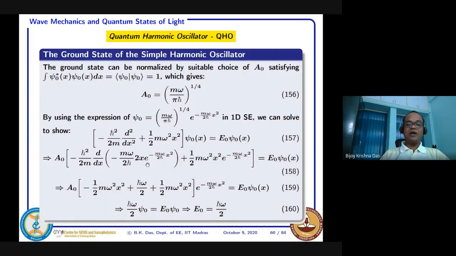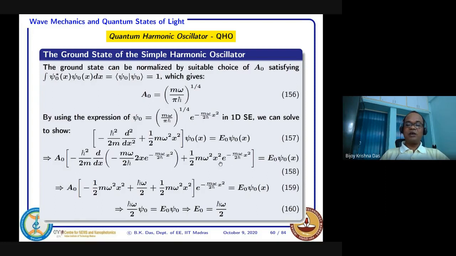And the second term you get is h cut omega by 2. So this one and this one cancel, right? Then you have a naught multiplied by this, that is again psi naught. So h cut omega by 2 psi naught is equal to E naught psi naught. E naught is the eigenvalue we have chosen for this one.